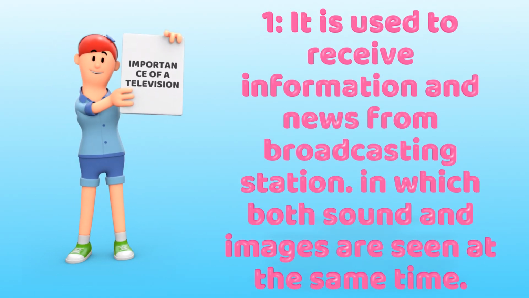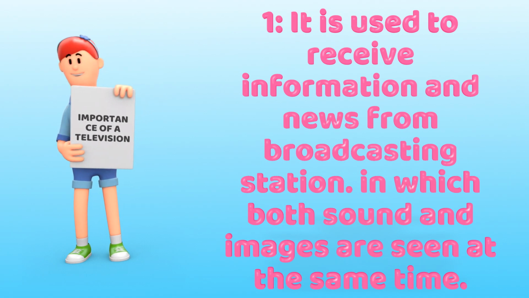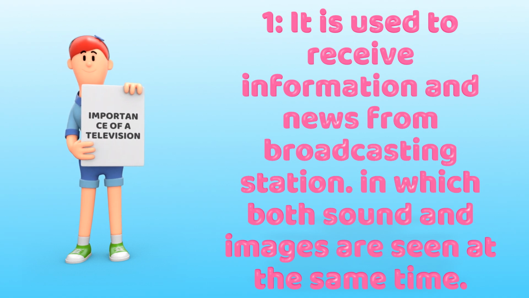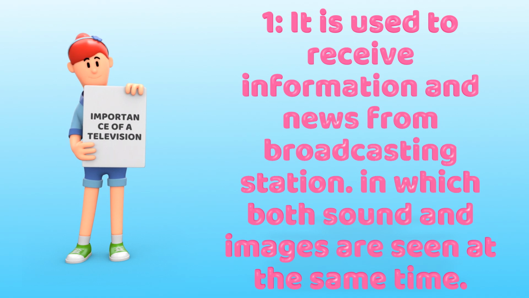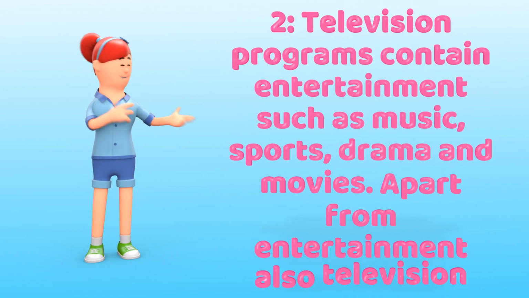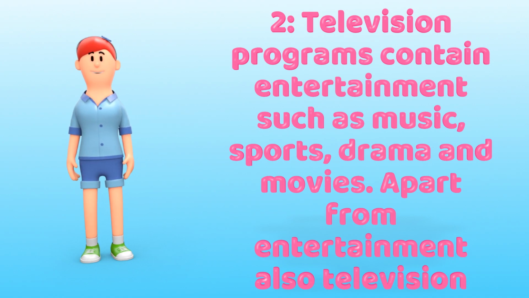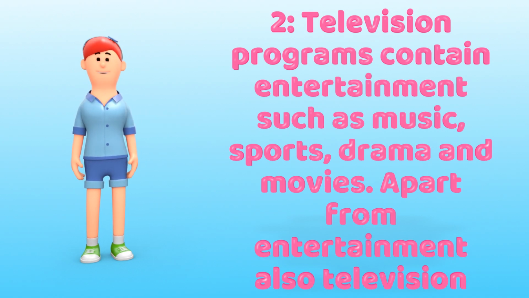First, it is used to receive information and news from broadcasting stations, in which both sound and images are seen at the same time. Second, television programs contain entertainment such as music, sports, drama, and movies.